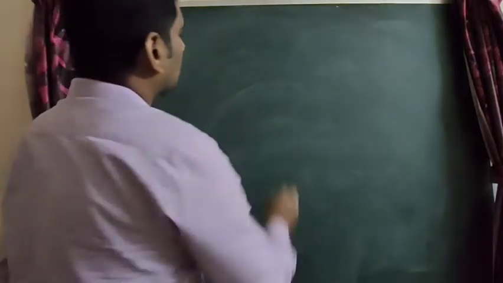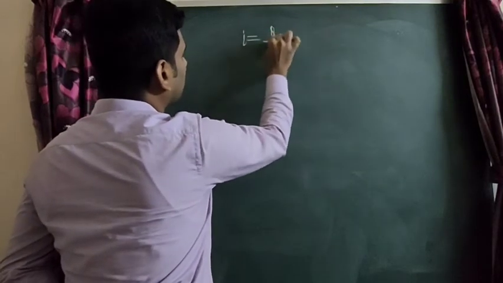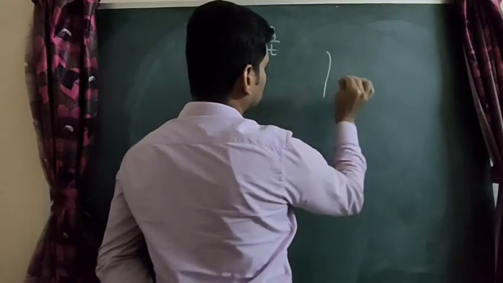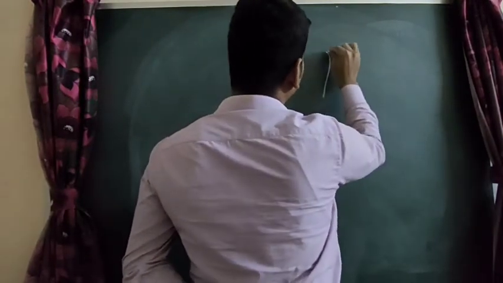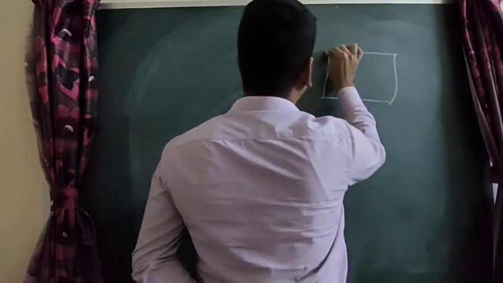Well, current is defined as charge by time. Now suppose it's a conductor which is flowing.